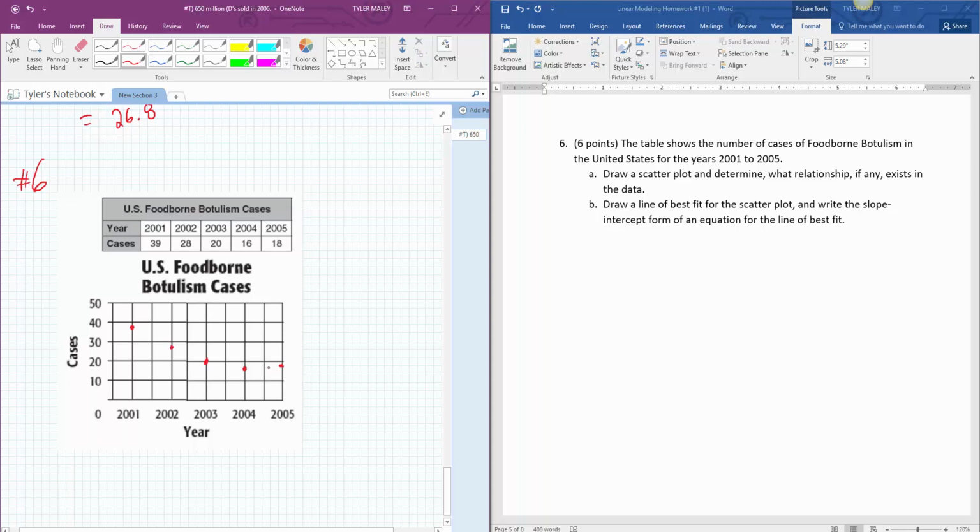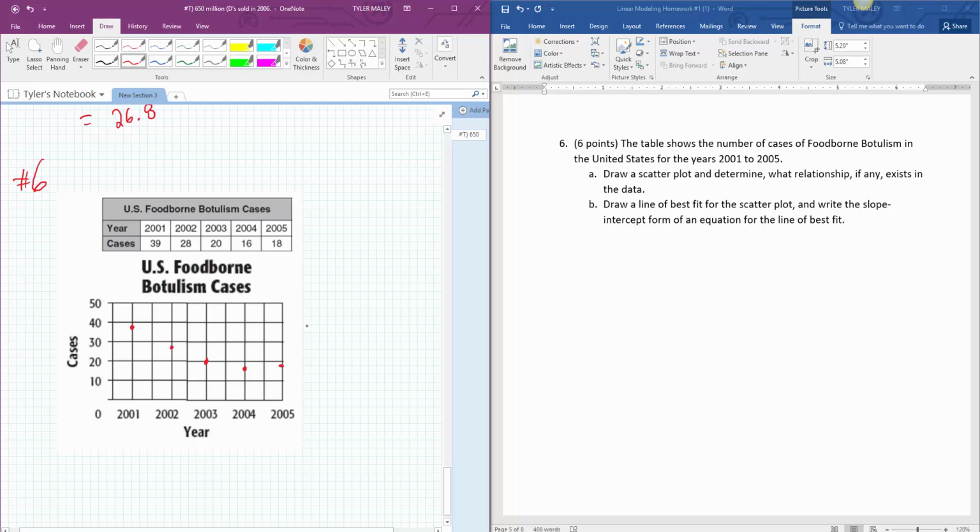Then we want to talk about if there appears to be a relationship. We're given very few data points, so it's hard to draw a definite relationship from this in the applicable world. But for a lot of math problems like this, typically you're only given like 5, 6, 10 data points. It's not really enough, but when you're doing this by hand, it's enough to teach you how to draw a scatter diagram and determine a relationship.